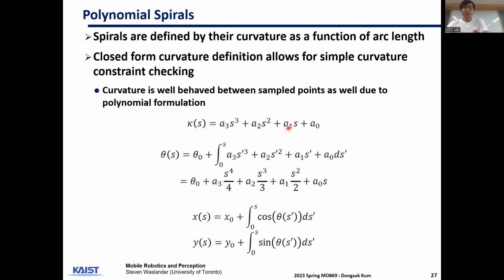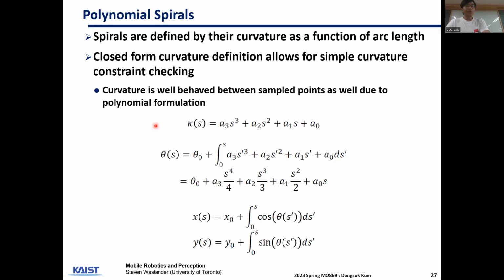Another example of parametric curve are polynomial spirals. Spirals are defined by their curvature as a function of arc length. So in this case, the cubic equation is used for the curvature instead of the X and Y position. The closed form curvature definition allows for simple curvature constraint checking, unlike quintic splines.